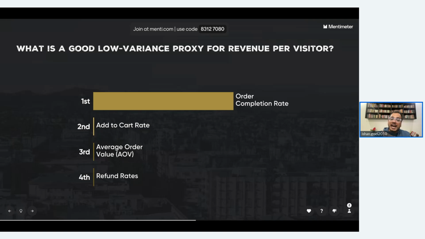Average order value is a good proxy, but it is not low variance because it retains the real valued nature of the metric. Refund rates are sort of opposite, and quite unrelated to revenue per visitor. So sort of related, but not a very good proxy for the metric.